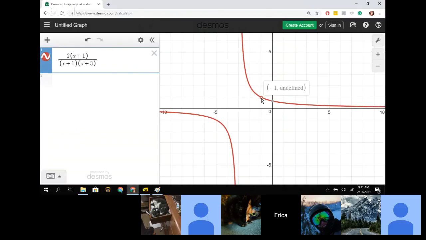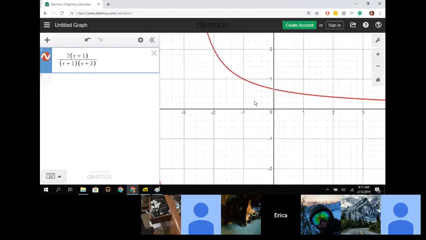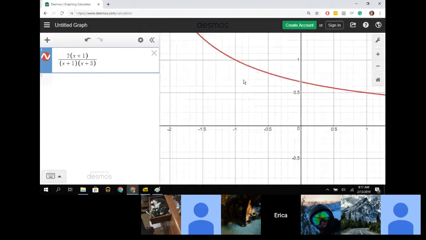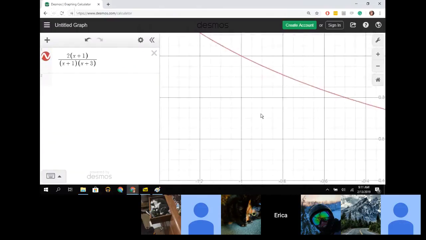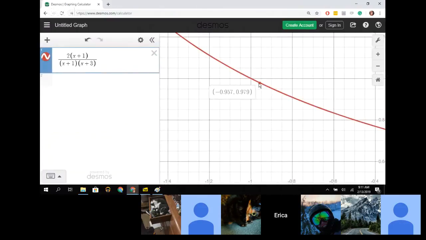If you zoom in, let's see if it'll show you here. It doesn't actually show you. Well, that's a bummer. Well, right here in my graph, I have a hole where it's not actually true. There's no value for right there. At -1, this function is also undefined.